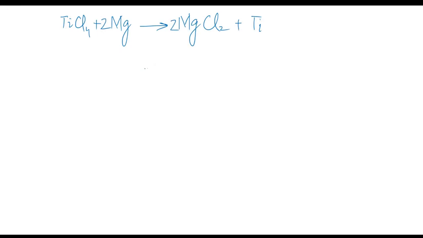Now we have to calculate titanium. The equation is there. Balance this equation. Yes, it is already balanced. Now the third step: change gram to mole, then mole ratio, then mole to gram. Okay, let's start with titanium chloride. How much titanium chloride is given? 3.54.